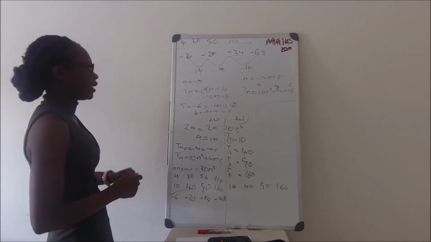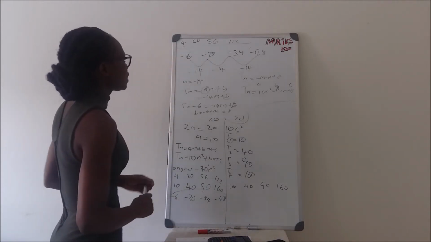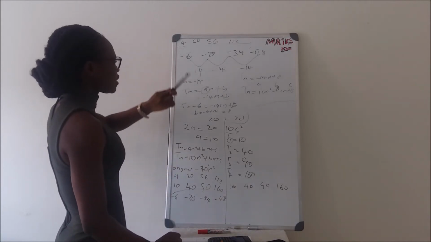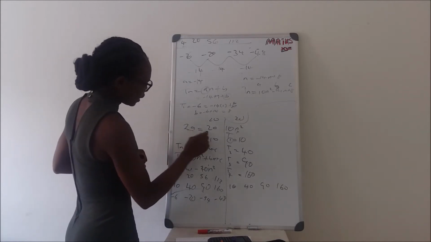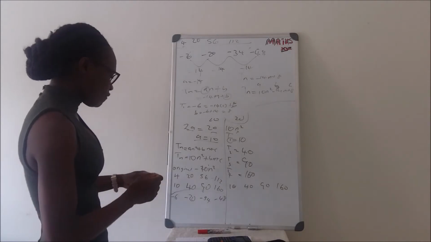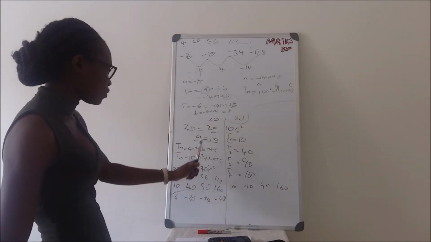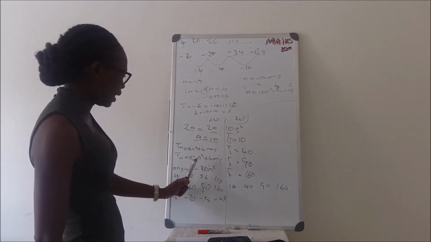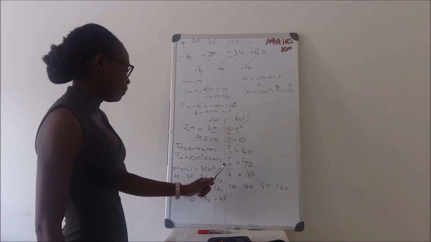Alright, let's recap, guys. Our original expression that we were given is 4, 20, 56, and 112. From there, our second difference is 20, so we said 2a is equal to 20 and we got a is equal to 10. From the expression Tn is equal to an squared plus bn plus c, we have Tn equals 10n squared plus bn plus c.